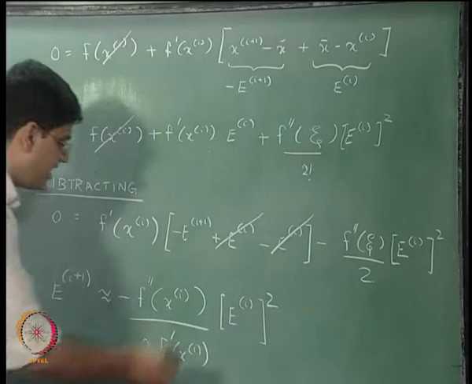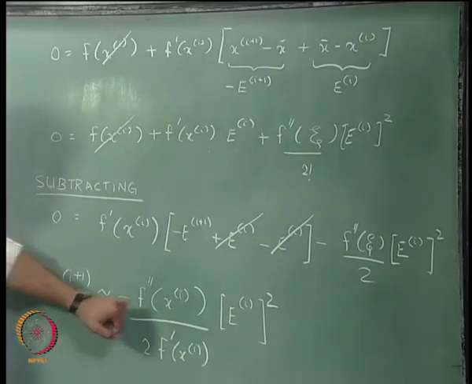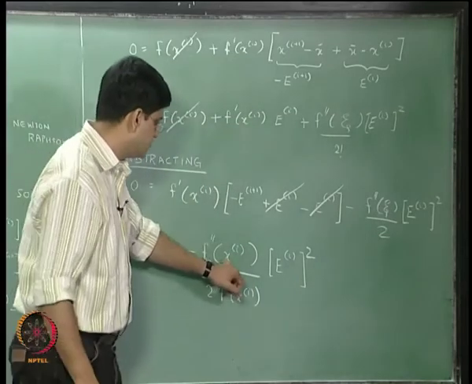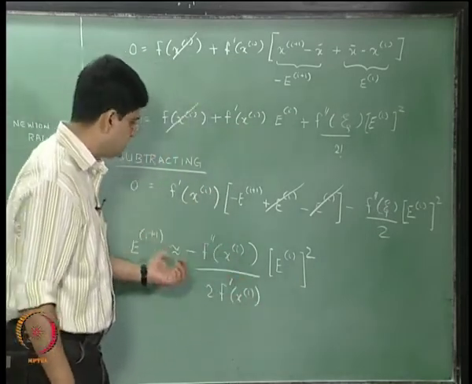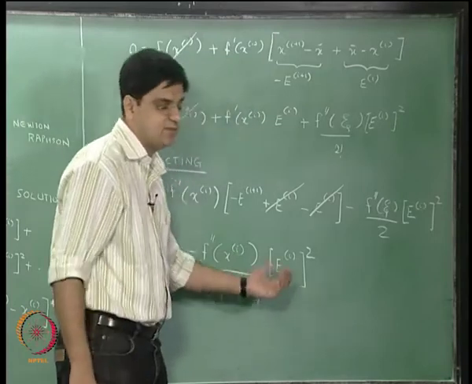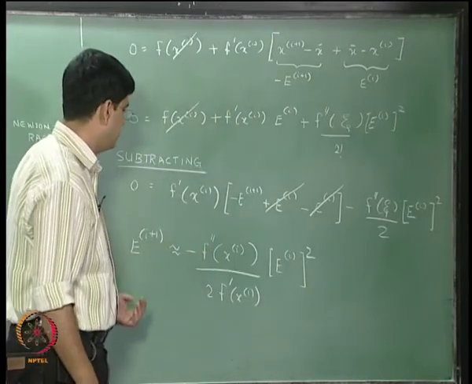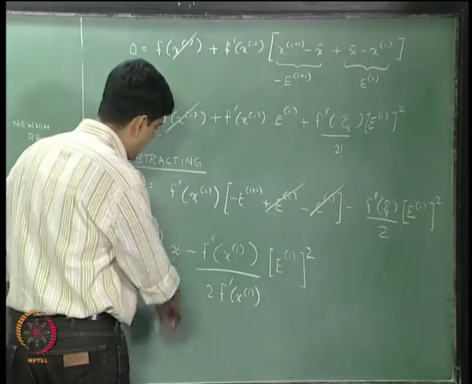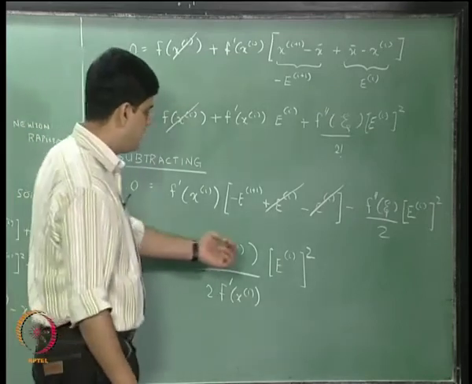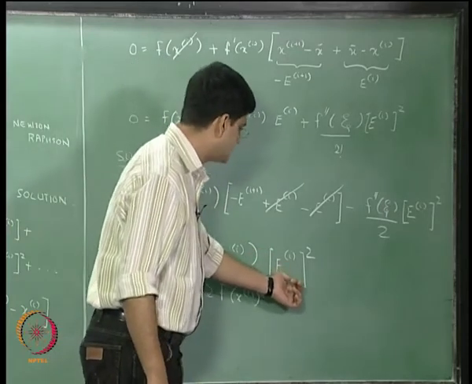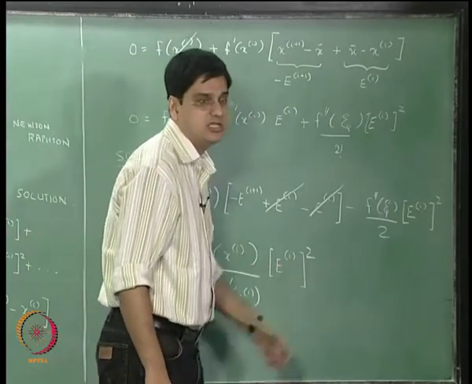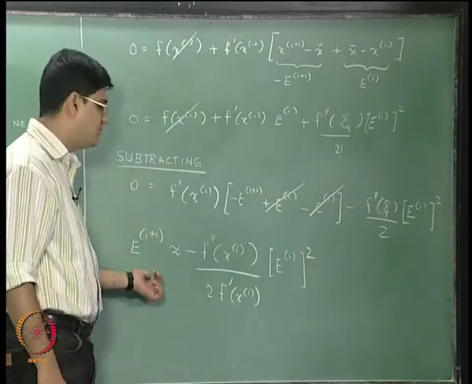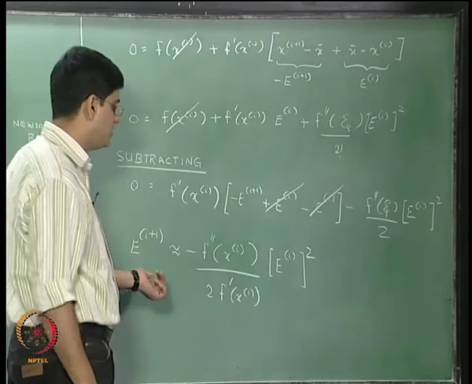Why I have written this as an approximate sign is because instead of using the value zeta, we have used the value of xi under the assumption that xi and xi plus 1 do not change significantly. So what we see is the error at the i plus 1th iteration has a square dependence on the error in the ith iteration, and what that essentially means is that we have a quadratic rate of dependence.